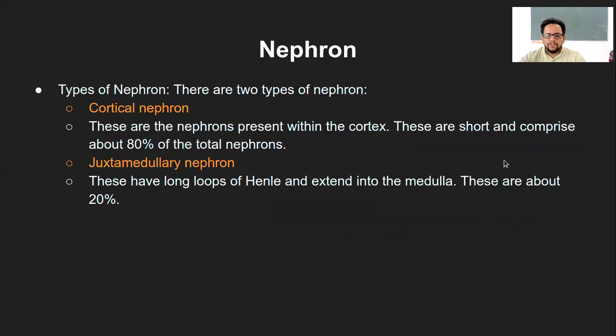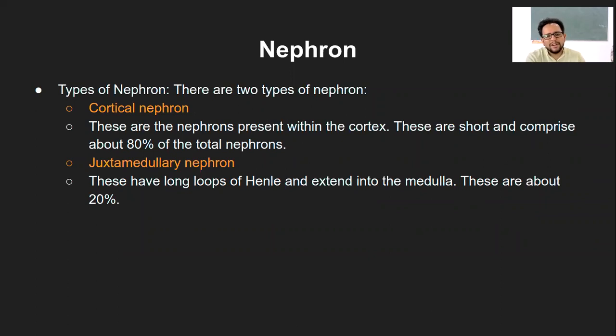Okay, so just to mention two different types of nephrons, depending on where they are present. One is the cortical nephron, and the other is the juxtamedullary nephron. Cortical nephrons are present within the cortex, and almost 80% of the total nephrons are present within the cortex of the kidney.